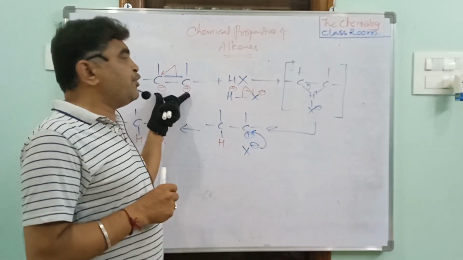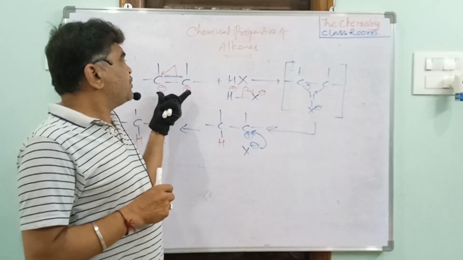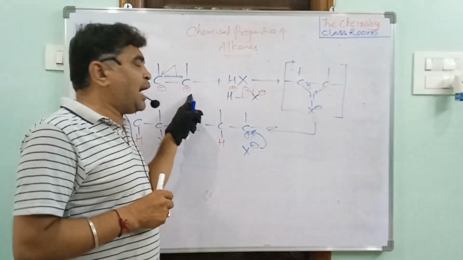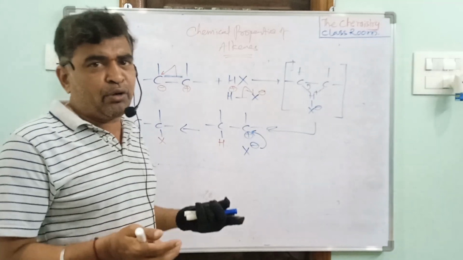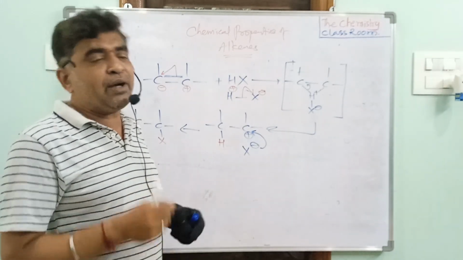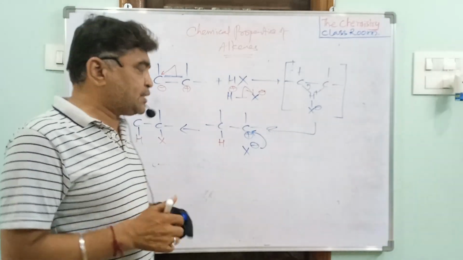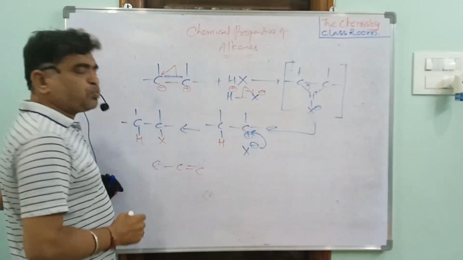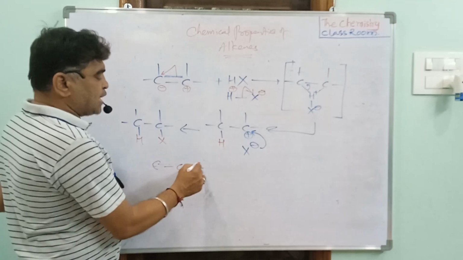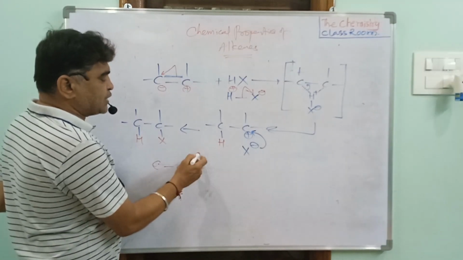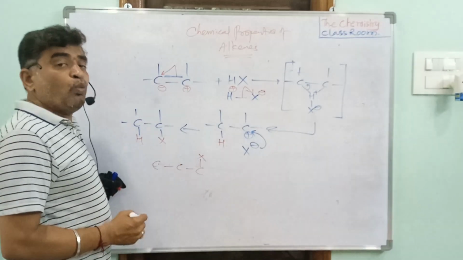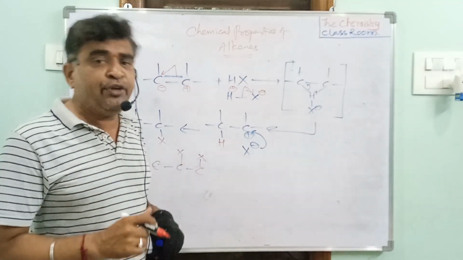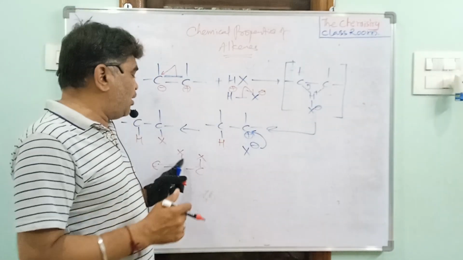So generally when you take the ethene compound, the two carbons, if you add halogen to the first carbon or if you add the halogen to the second carbon, you are not going to get any difference. But when it is, for example, the propene compound, say the halogen is added to the first carbon, what are you forming? 1-haloalkane. If the halogen is added to the second carbon, you are getting the 2-halo compound.